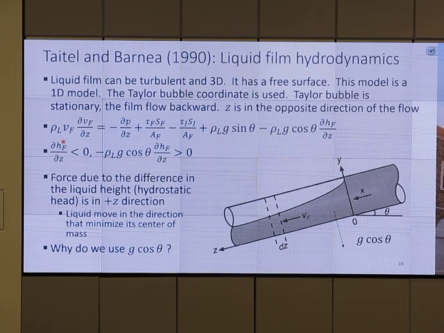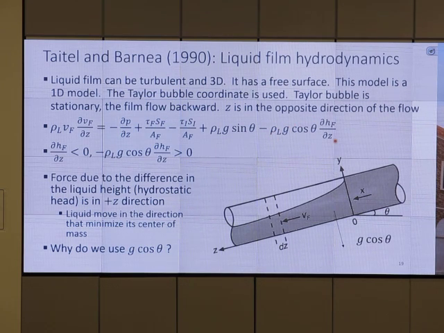This term, v dvf by dz, sounds like an acceleration term, or the convection term in your Navier-Stokes equation. This is the potential, dp dz. There's a friction term, a gravitational term, and another gravitational term. What's that about?